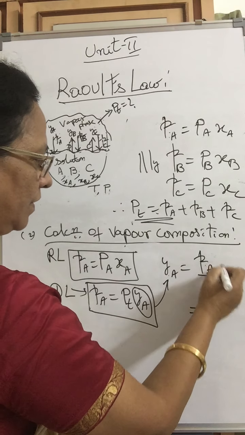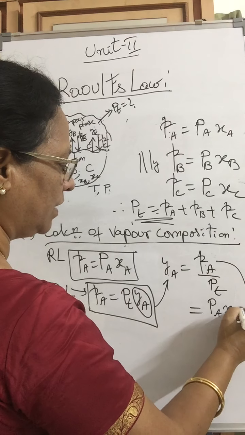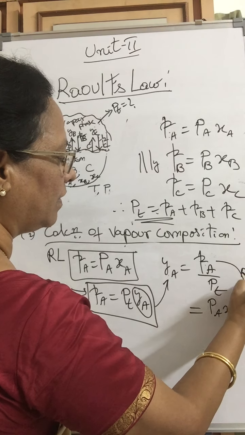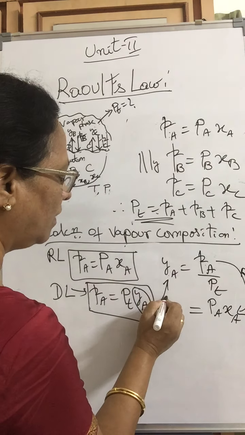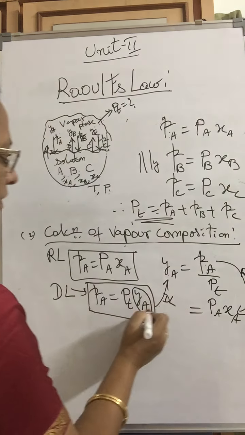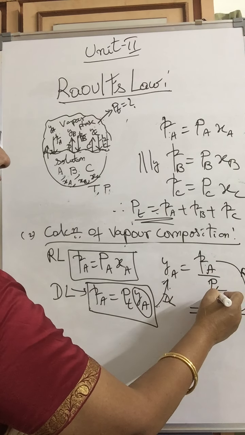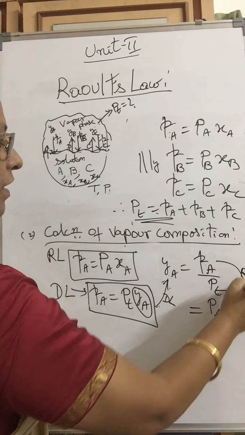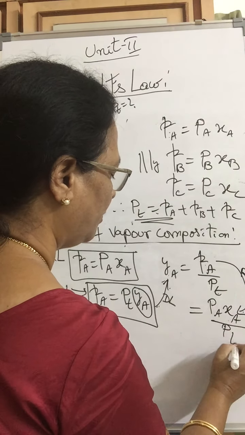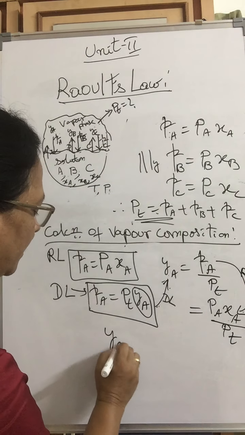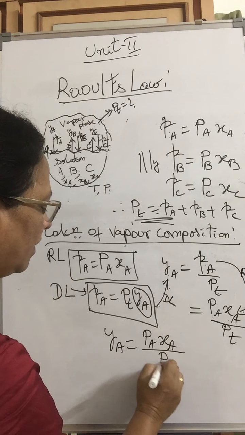PA equal to PA XA is Raoult's law. Dalton's law gives YA equal to PA by PT, and PA we calculate using Raoult's law. So on the whole, YA equal to PA XA by PT.